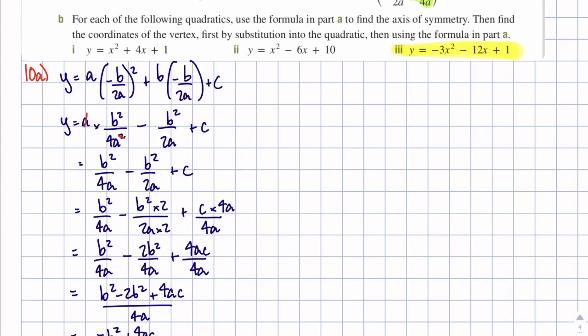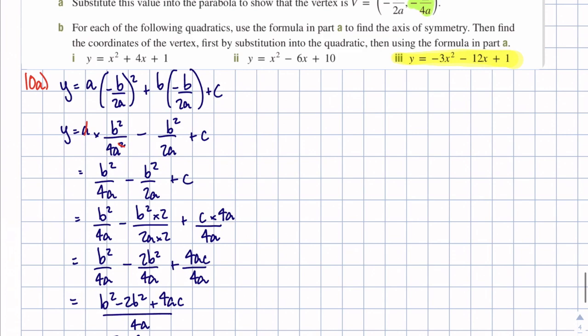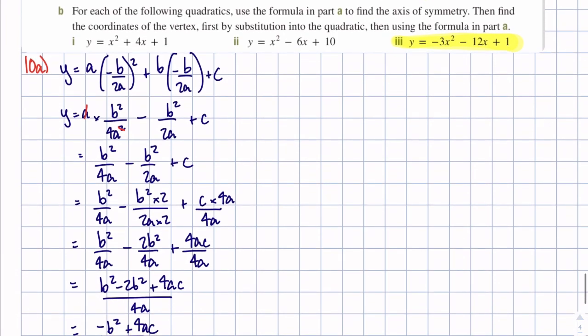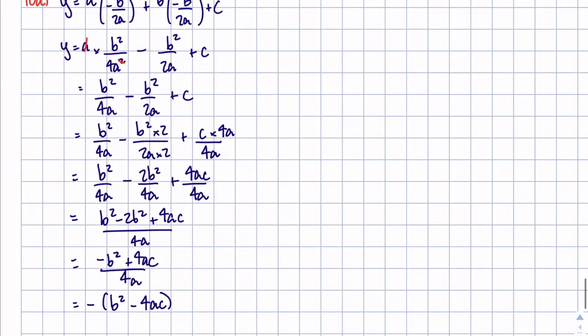Considering I know I'm aiming for b squared take 4ac, I'm going to take the negative out the front: negative b squared take 4ac, all over 4a. That means I've got the negative of the discriminant over 4a, and I'm done.